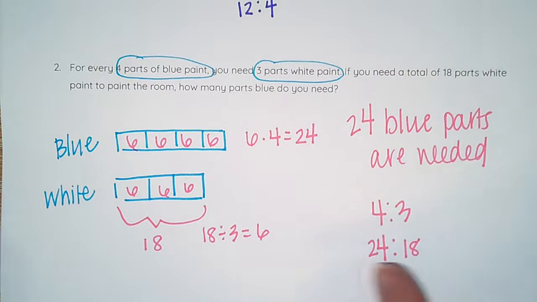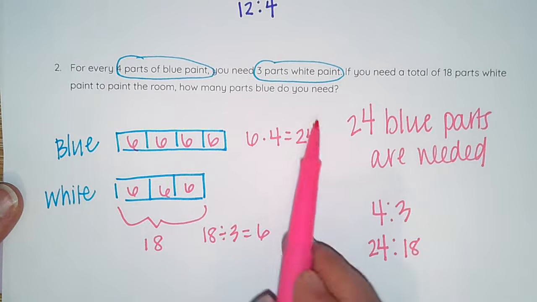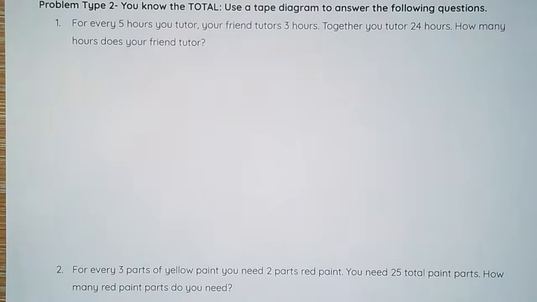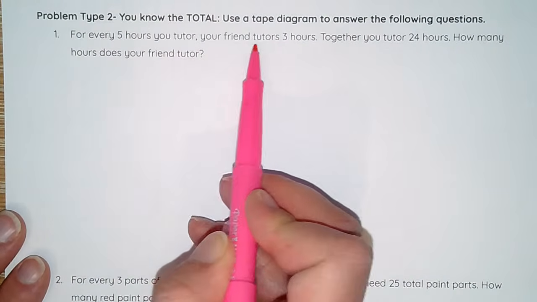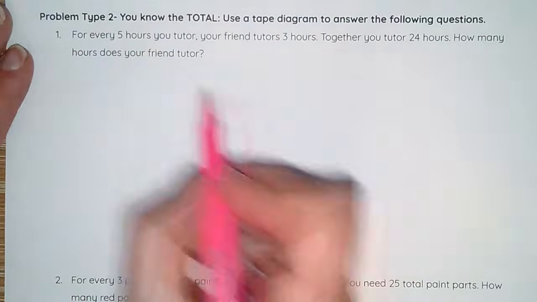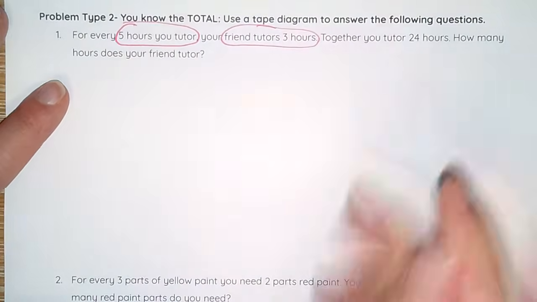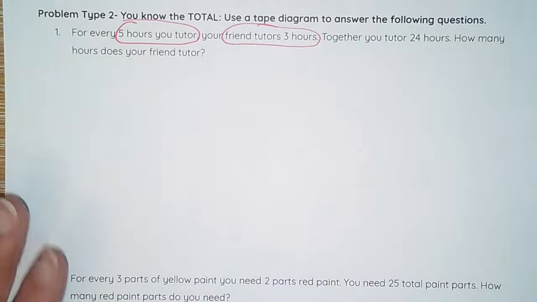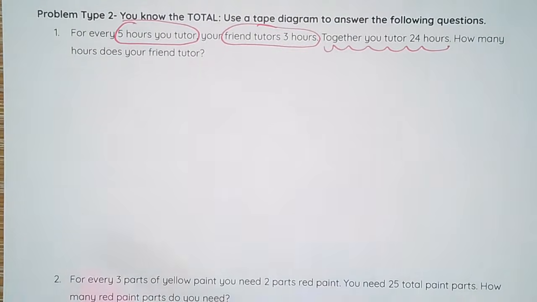Now, this is one type of problem. I was given one part and I needed to find the other part. The next kind of problem that I have, I'm given the total instead. For example, it says for every 5 hours you tutor, your friend tutors 3 hours. So I'm comparing hours I tutor to hours my friend tutors. Together, we tutor 24 hours. So how does this look different?